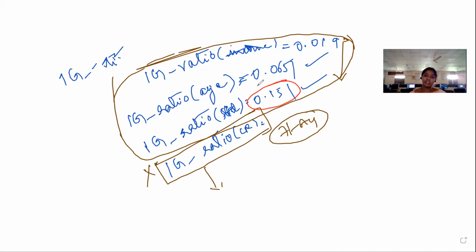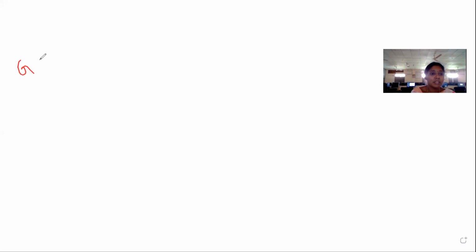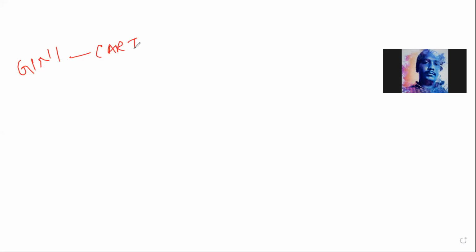Next we are moving towards the GINI index. In which decision tree algorithm have we used the GINI index? Cart, ma'am. So we have used the GINI index in the CART algorithm. GINI index is almost the same as the information gain measure. What is the major difference?